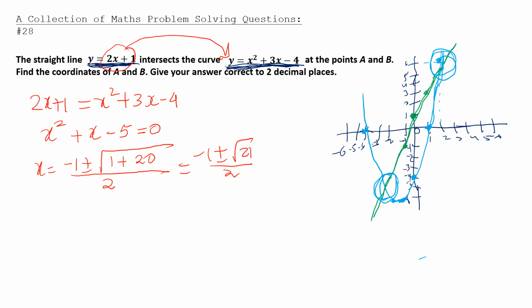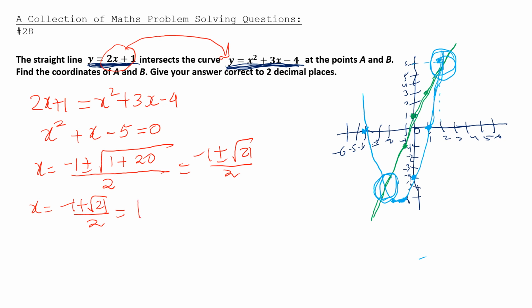So x has two solutions. x is minus 1 plus root 21 over 2, and using my calculator, that gives me 1.79.